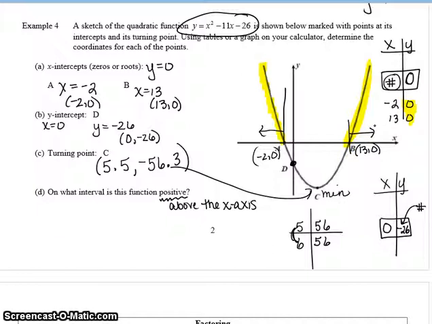So what interval? It's going to be from -infinity to -2, and it's also, I'm sorry, I can include that one, and it's also from 13 to positive infinity.